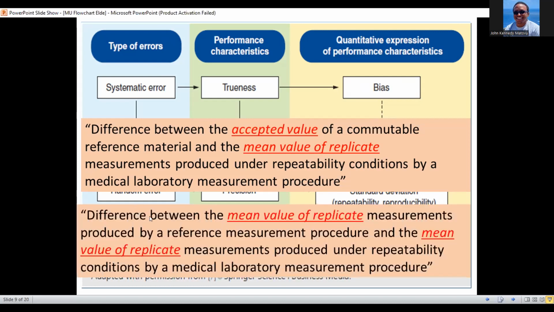And here's another definition of bias. The difference between the mean value of replicate measurements produced by a reference measurement procedure and the mean value of replicate measurements produced under repeatability conditions by a lab procedure.